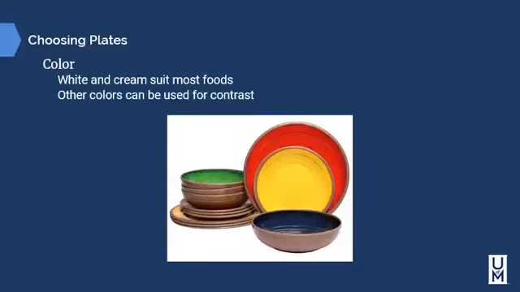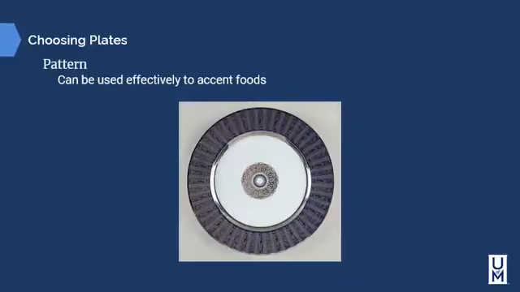While white and cream plates suit most foods, there is something to be said for having contrasting colors of plates as well, such as this Fiesta-style plateware. While not used near as much as it was in the past, patterns can be an effective accent to the food as well. You want to keep plates understated if you use pattern ware.